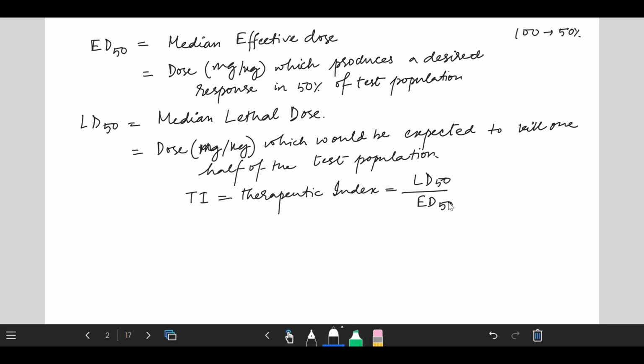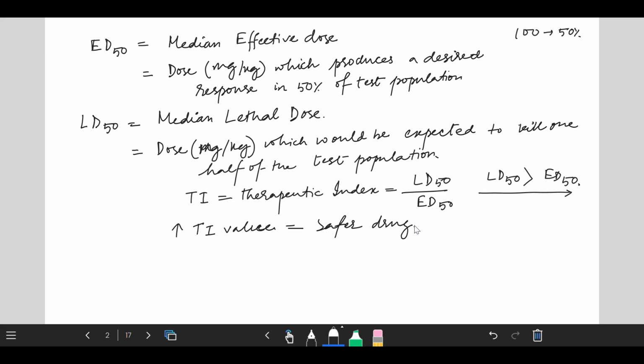Always keep in mind, to consider a drug safe, you need the LD50 value to be more than the ED50 value. So this is considered the safest drug. If the value of the therapeutic index is more, then it is considered the safer drug.